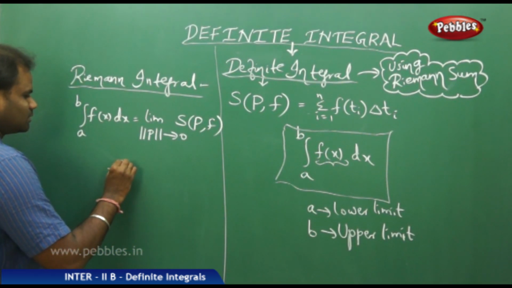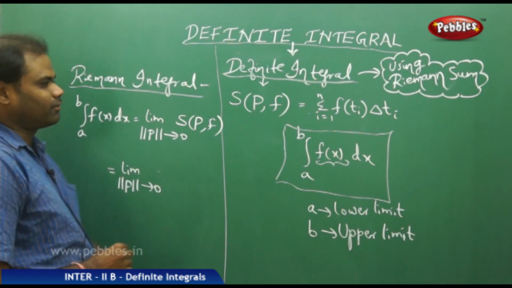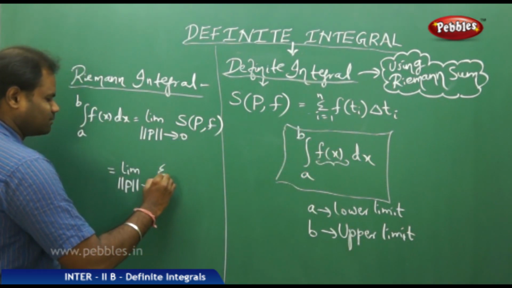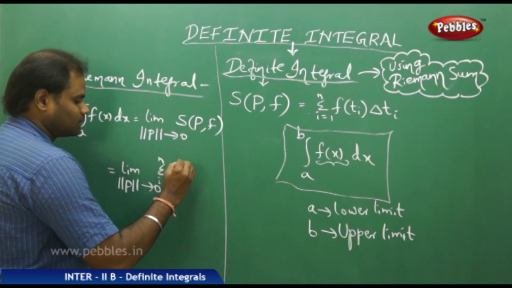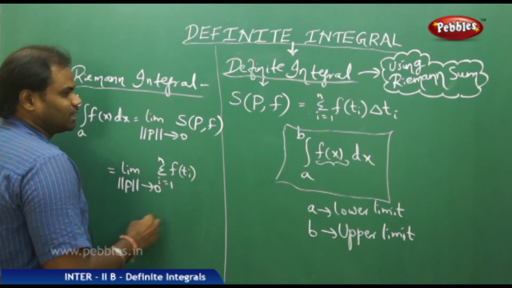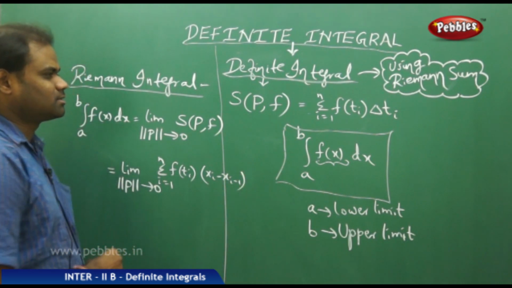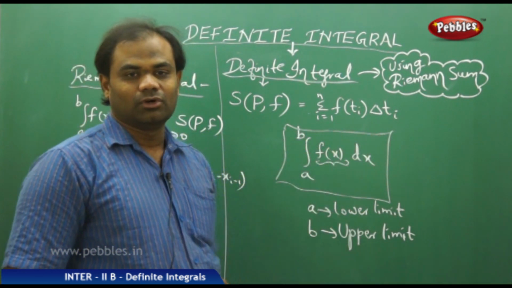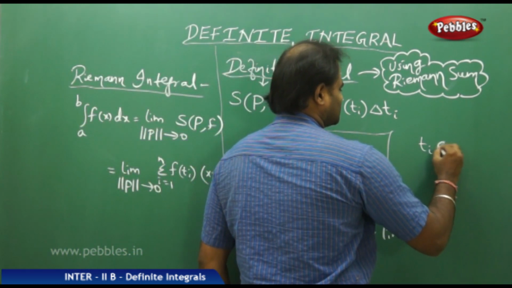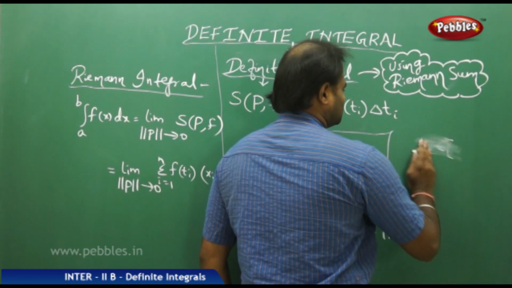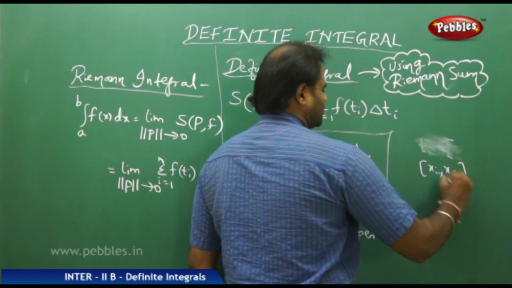That is, this reduces to the limit as the norm of P tends to 0 of S_P(f), which is the summation i running from 1 to n of f of t_i delta x_i, which is x_i minus x_{i-1}, which we have because the interval for t_i is [x_{i-1}, x_i].